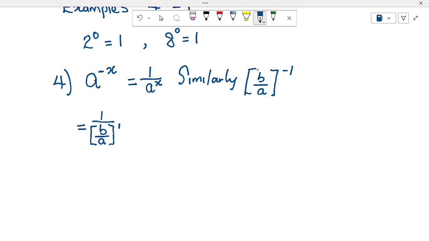That minus will no longer be there because it has somersaulted it, brought it under, like in this case. Now, this is the same thing as saying 1 divided by b all over a.